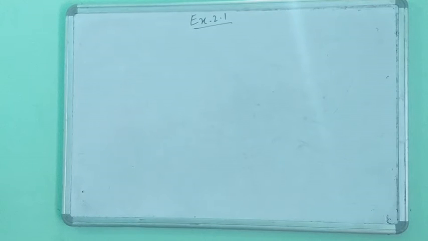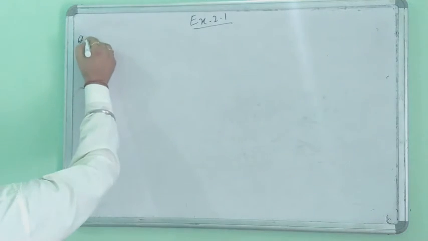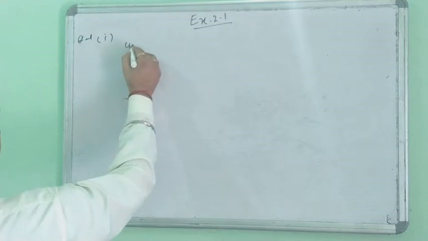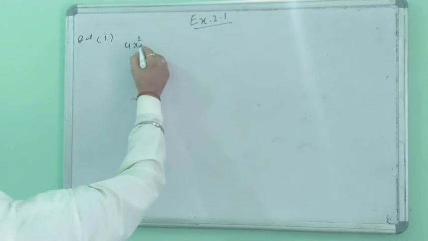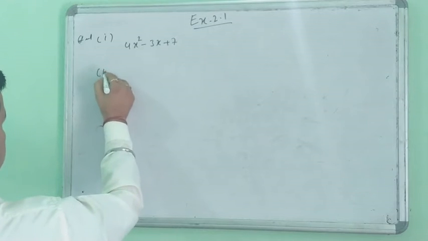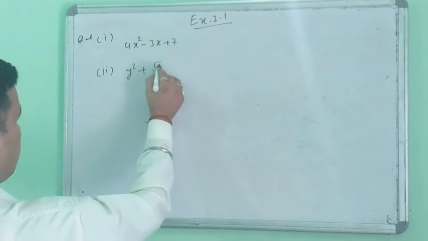The first expression given here, part one, is 4x square minus 3x plus 7. The second part is y square plus root 7.